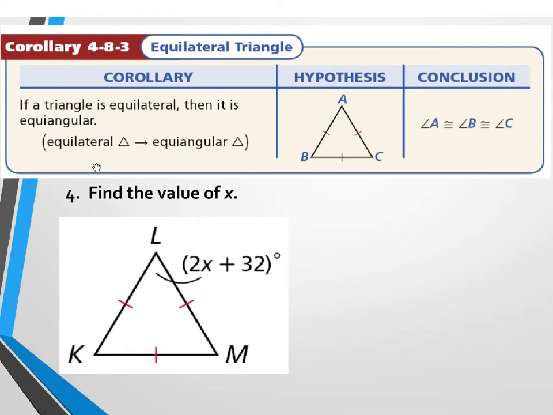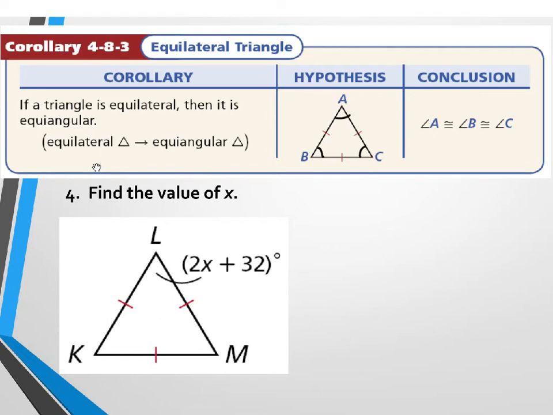And I've told y'all this before when we were learning about different classifications of triangles. So simply put, if we have an equilateral triangle, we know that by these little tick marks, then we should know that all angles are congruent too.